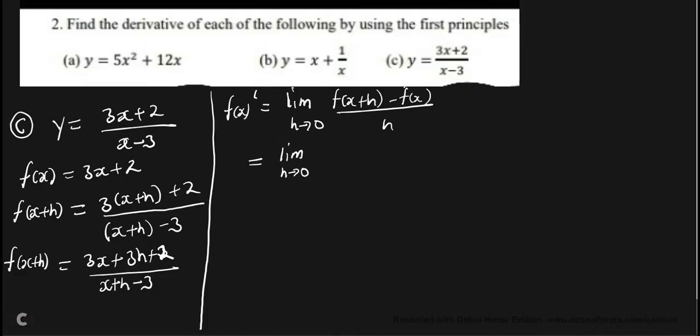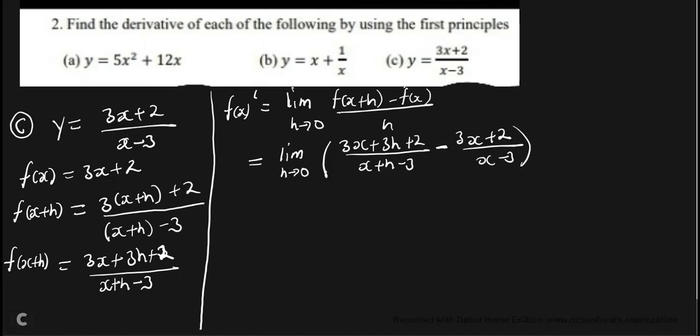What is your f of x plus h? It is 3x plus 3h plus 2 over x plus h minus 3, minus f of x, which is 3x plus 2 over x minus 3. Remember that we are dividing by h.